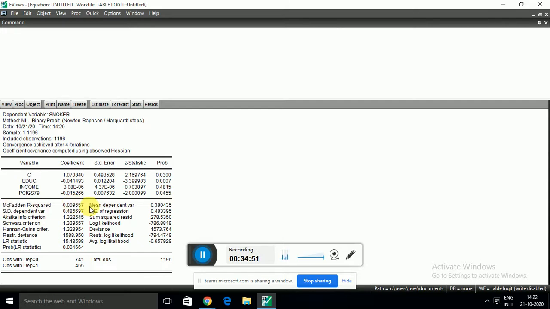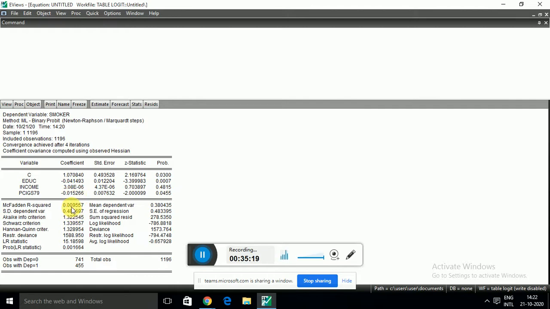But McFadden R square is different from the ordinary R square, in the sense that it gives you the ratio of the number of correct predictions over the total number of observations. In this case, the total number of observations is 1196.